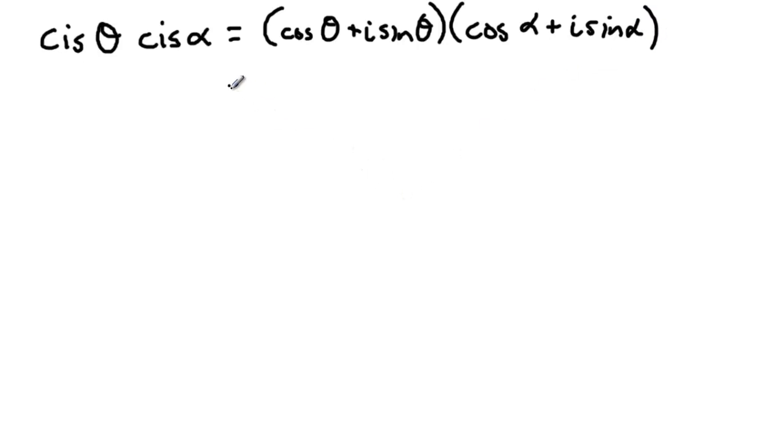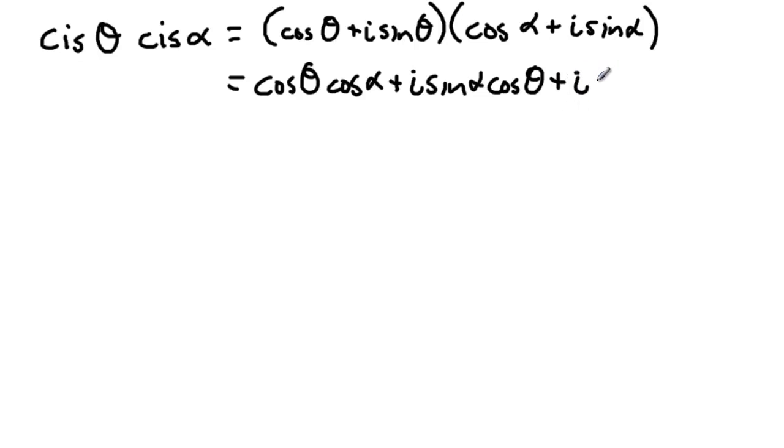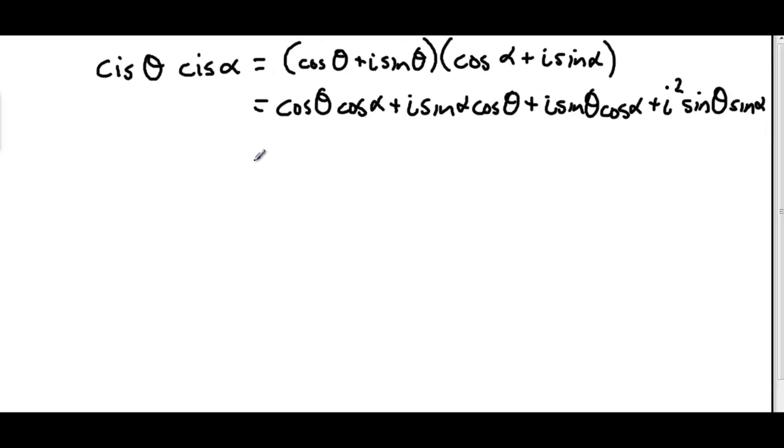So let's expand them out. You knew it was coming. Cosine theta times cosine alpha, plus i sine alpha cosine theta, plus i sine theta cosine alpha, and the last part, i squared sine theta sine alpha. Oh, lot. Can we simplify this?